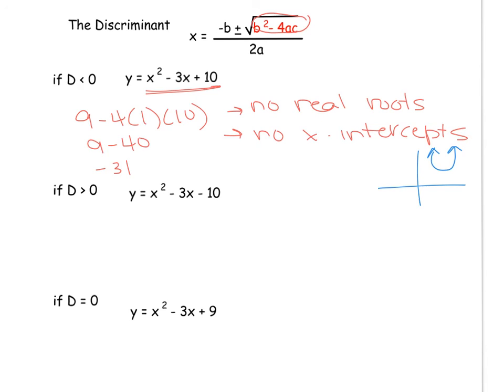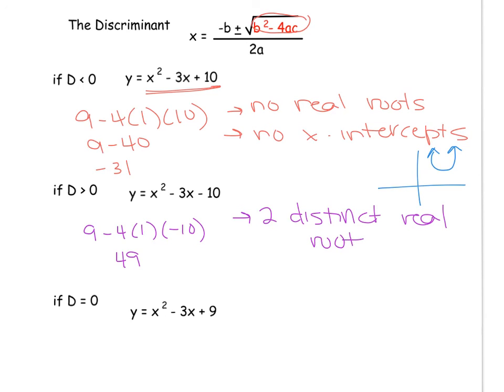Now for my next one, if it's greater than 0, so b squared minus 4ac, this tells me that I have two distinct real roots, which means I have two x-intercepts.